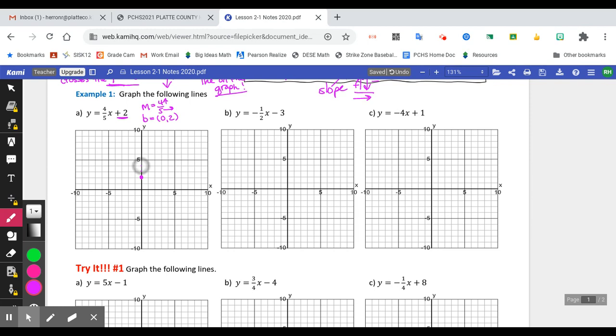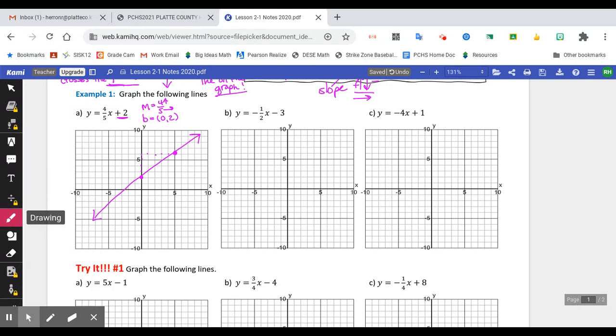So 1, 2, 3, 4 for my rise, and 1, 2, 3, 4, 5 for my run. Puts me here, and I'm going to draw a line and connect the points. And there's my line. Slope 4 over 5, y-intercept 2, starting from the y-intercept every time.